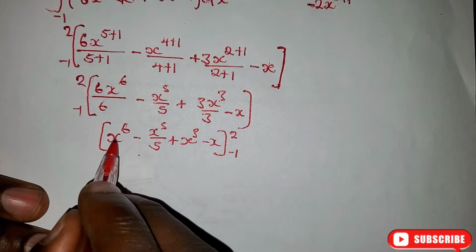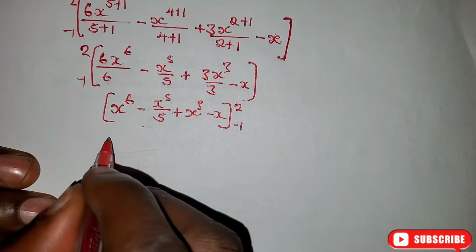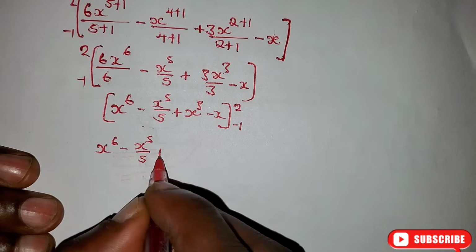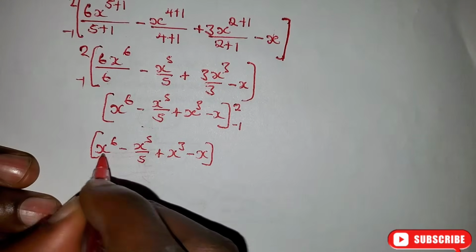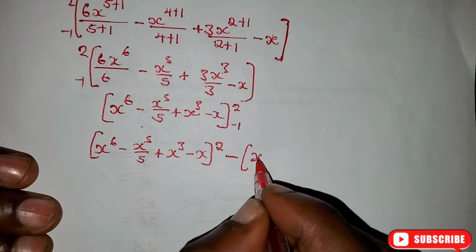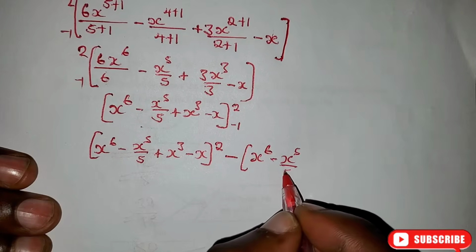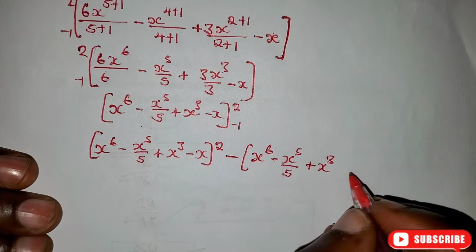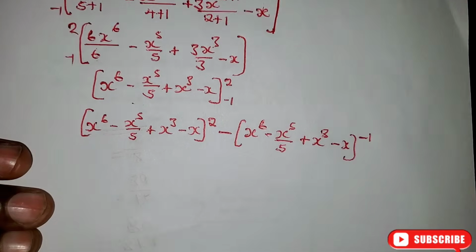Wherever there is x, we substitute the upper limit 2 into x to the power 6 minus x to the power 5 over 5 plus x to the power 3 minus x, minus the same expression with x substituted by negative 1.